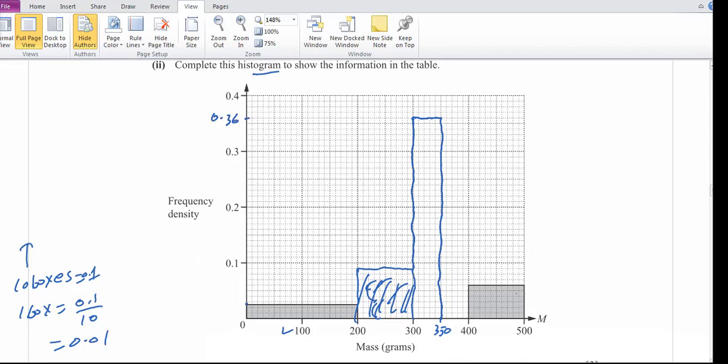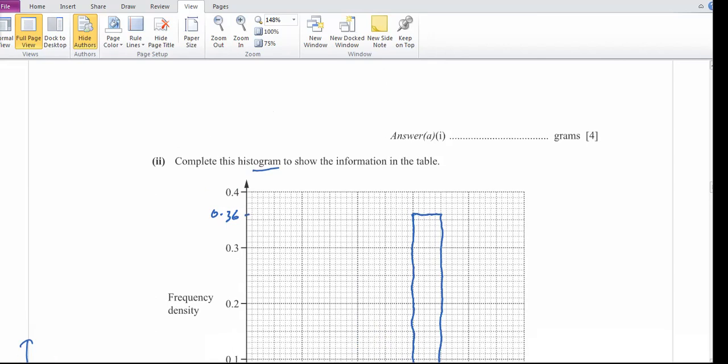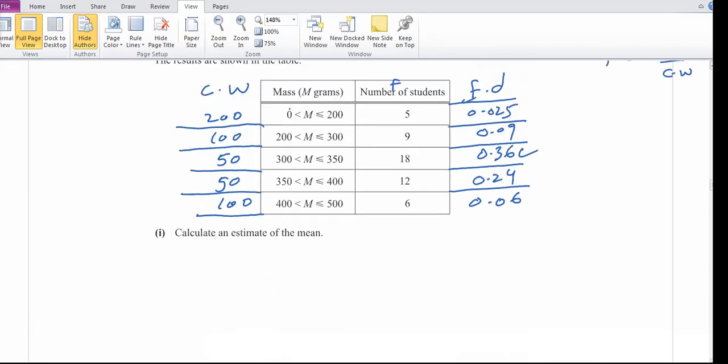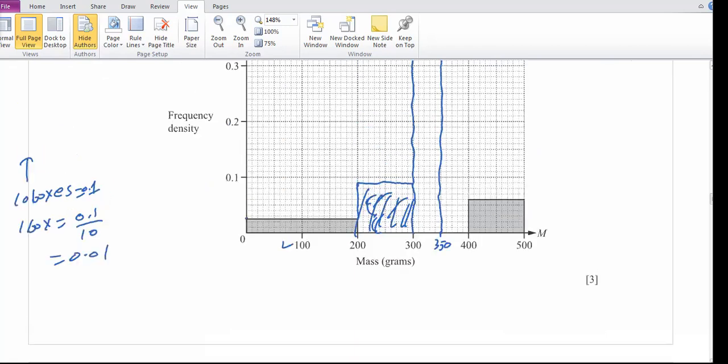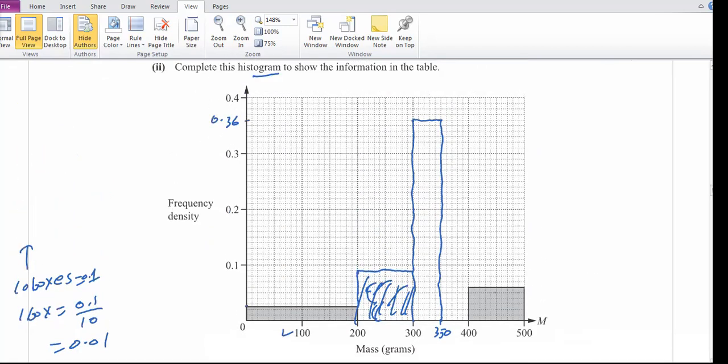Okay. Then from 350 to 400, it is 0.24. Where will be 0.24? This is 0.2, 0.21, 22, 23, 24. So this one, a bar you will make here.